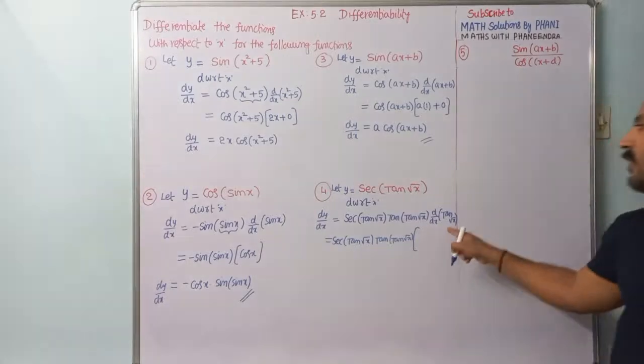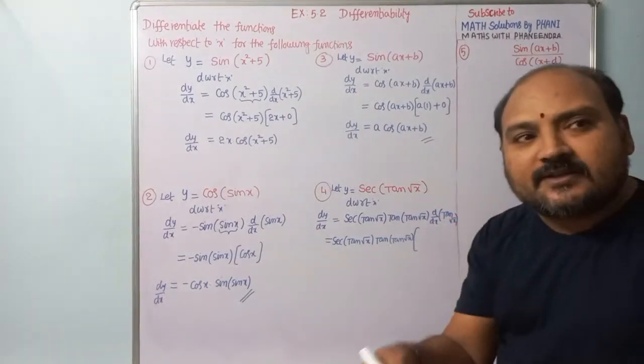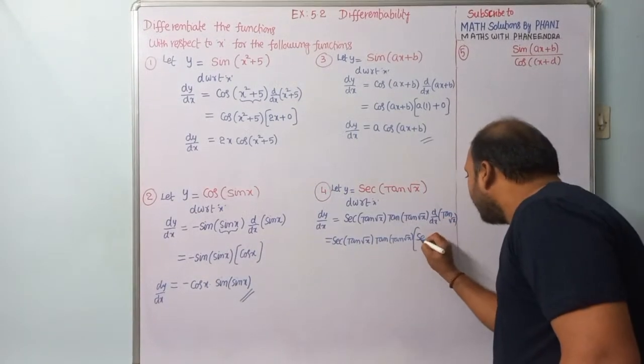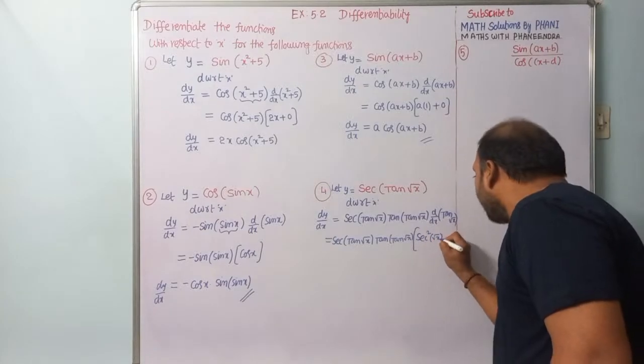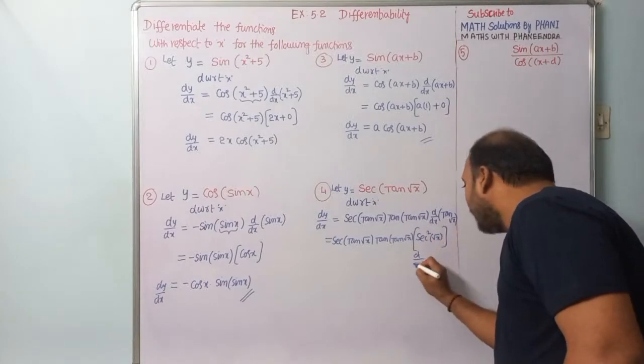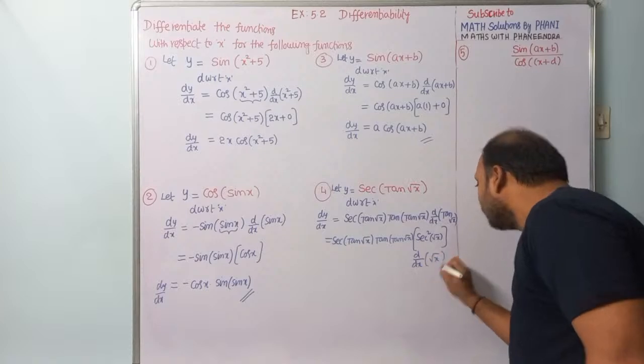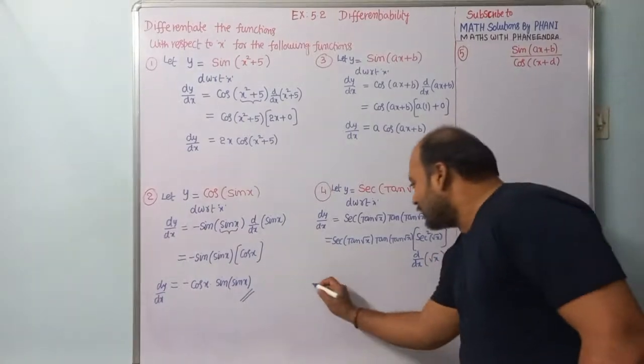It is in the form of d by dx of tan x. What is d by dx of tan x? Secant square x. So secant square root x. Again, root x also has to be differentiated, d by dx of root x. This is the way we can do it, dear students.